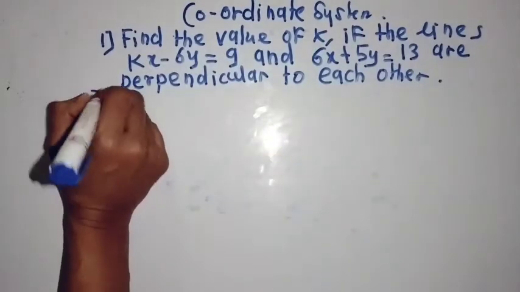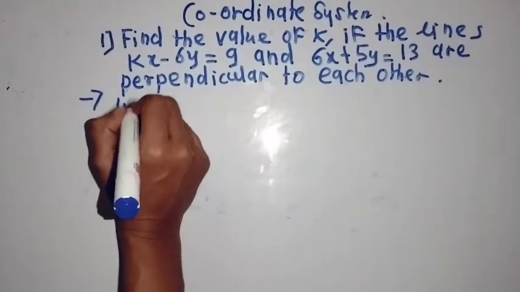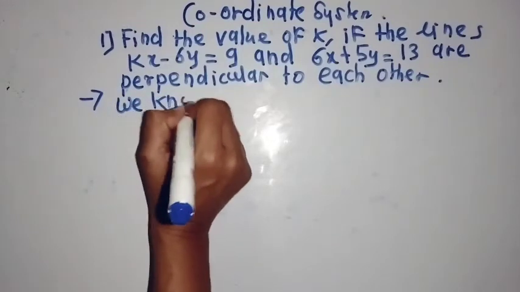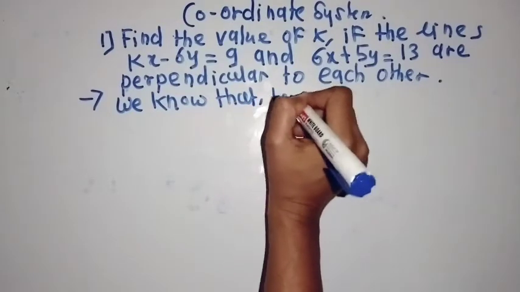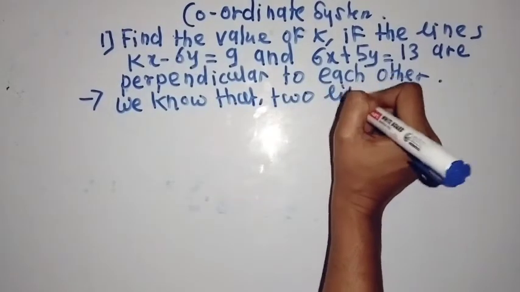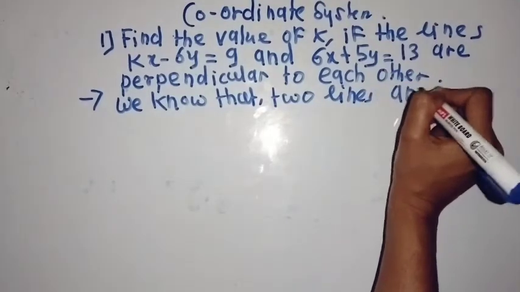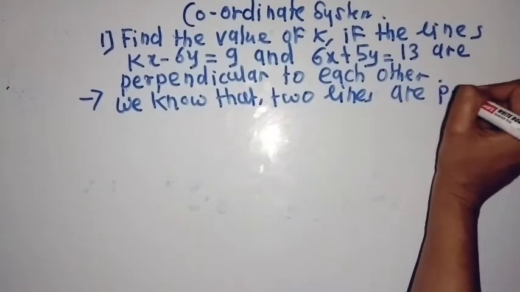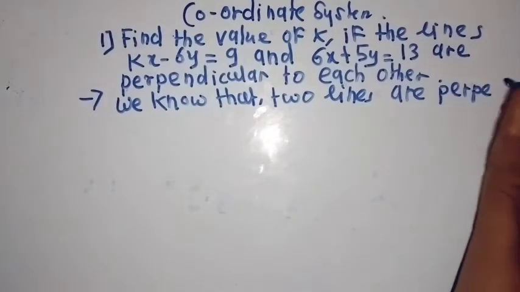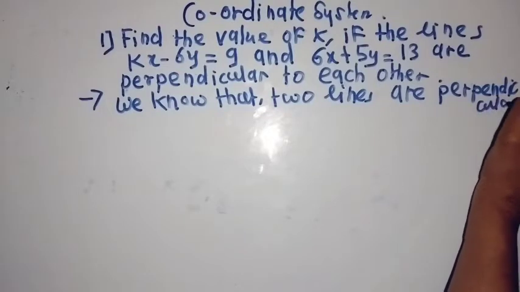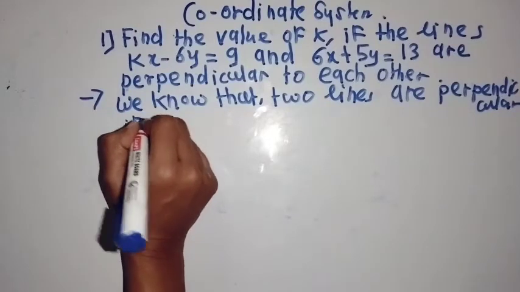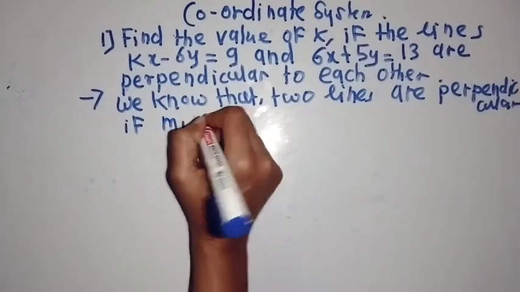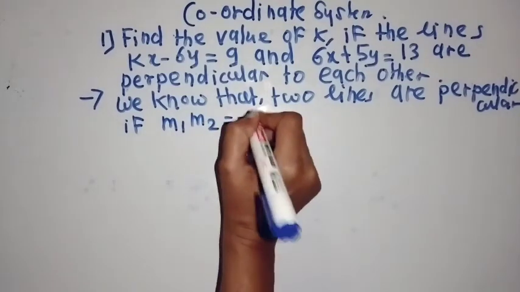So, first of all, we know that two lines are perpendicular if the product of their slopes m1 into m2 is equal to minus 1.